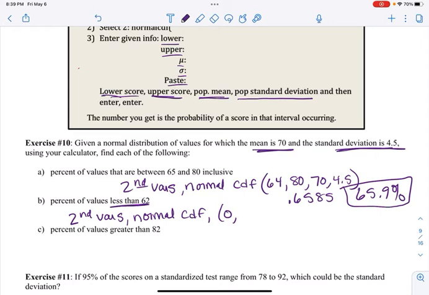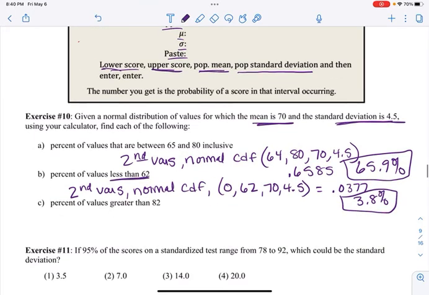I see some people do that. I see some people use something to the negative power. But 0 is perfectly fine. I want numbers up to 62, or less than 62. 70 is the mean. 4.5 is the standard deviation. So if I put that in my calculator, I get 0.0377. So that's 3.8%.